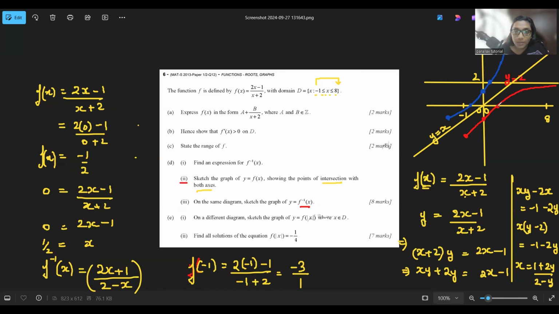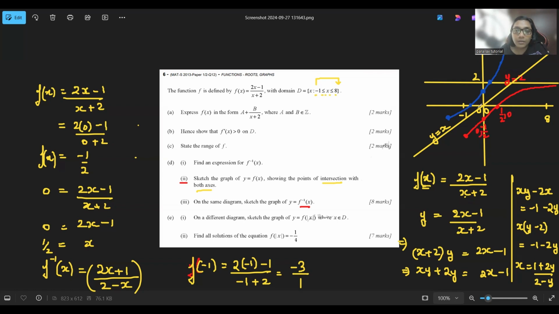Okay. So the point of intersection of our original function, first let's write down those points. The x-intercept was 1/2, comma 0. The y-intercept was 0, comma -1/2.